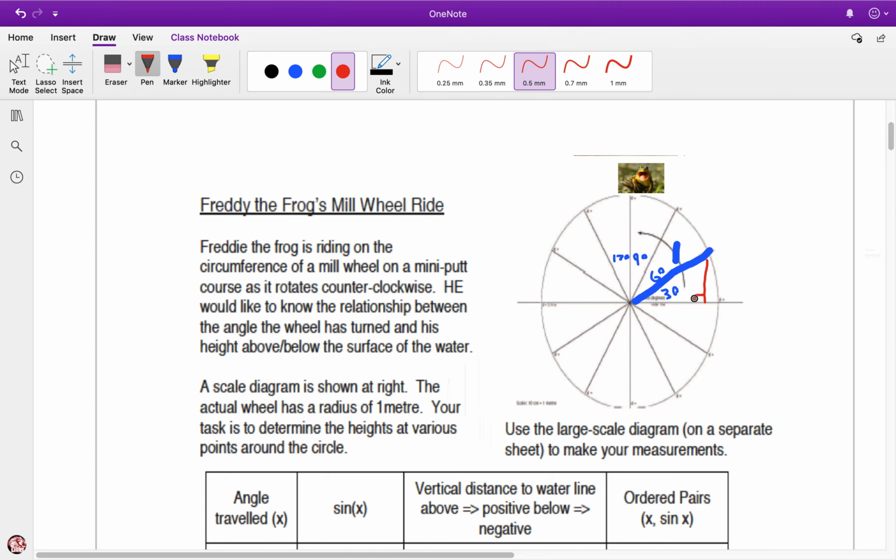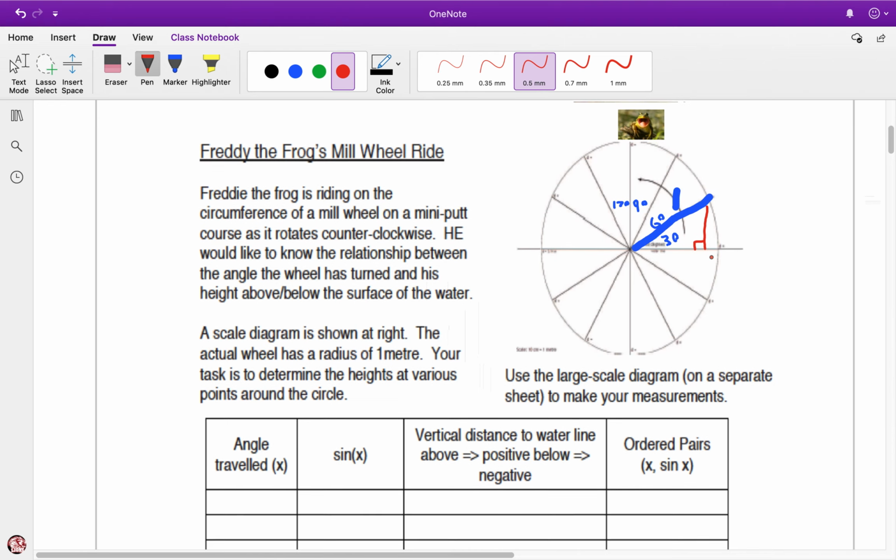Of course you see this is a right angle. And if we're doing SOHCAHTOA, sine theta equals opposite over hypotenuse. Now in this case my hypotenuse is always 1, since that's my radius.